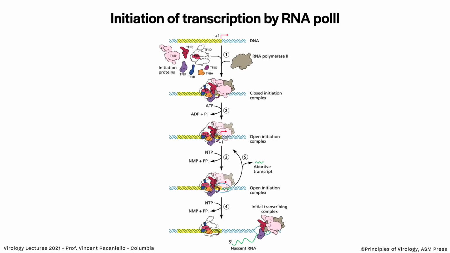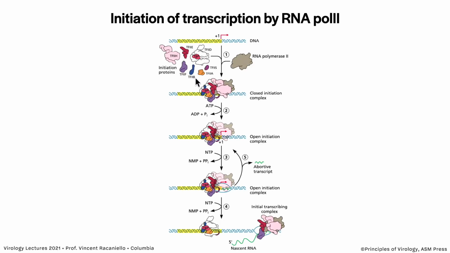Now, an overall view of how Pol II initiates transcription. That's Pol II. It's a little funny because the L looks like the Roman numerals. But here we have a piece of DNA. The initiation site there is shown in red. In yellow are the upstream regulatory sequences. And then we have this blob here, which is RNA polymerase II, a big enzyme, that's going to bind this initiation region.